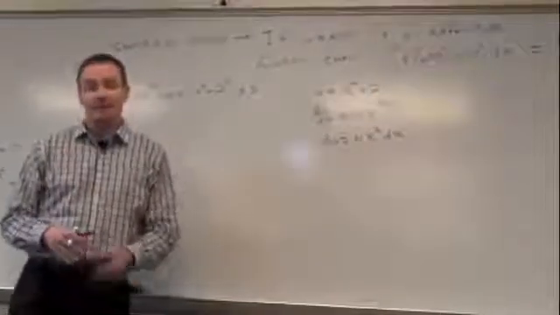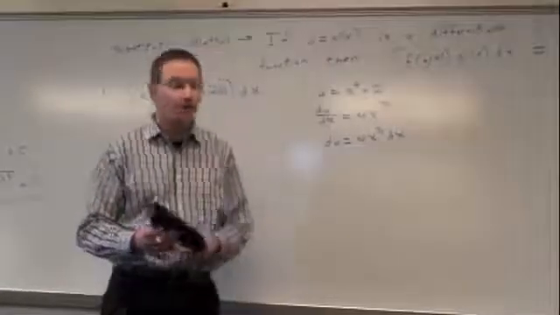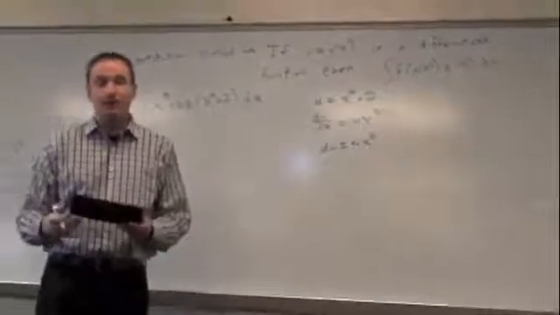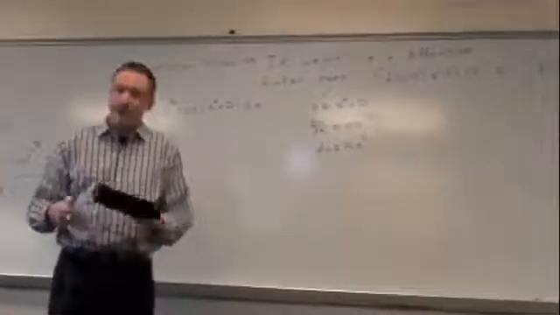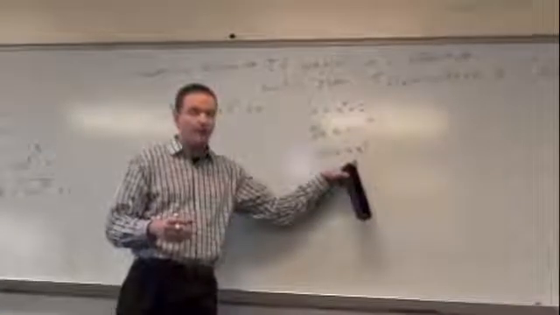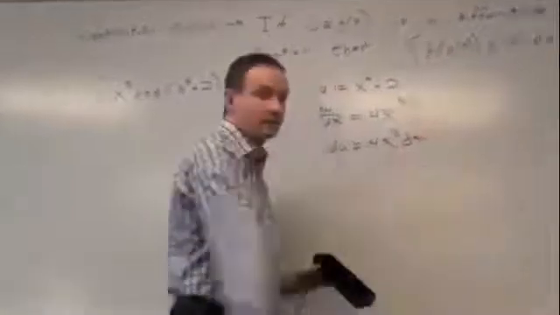One of my pet peeves in these problems is students who are kind of sloppy with their notation, and they say this. du is 4x cubed. And they'll say, oh, you knew what I meant. Yeah, I know what you meant, but that's wrong. du is not 4x cubed. du is 4x cubed dx. Okay? That has to be there, guys.